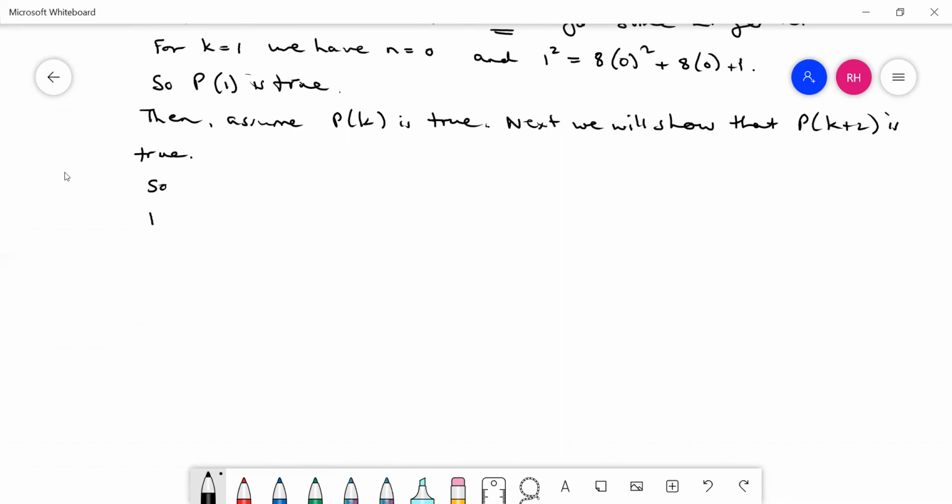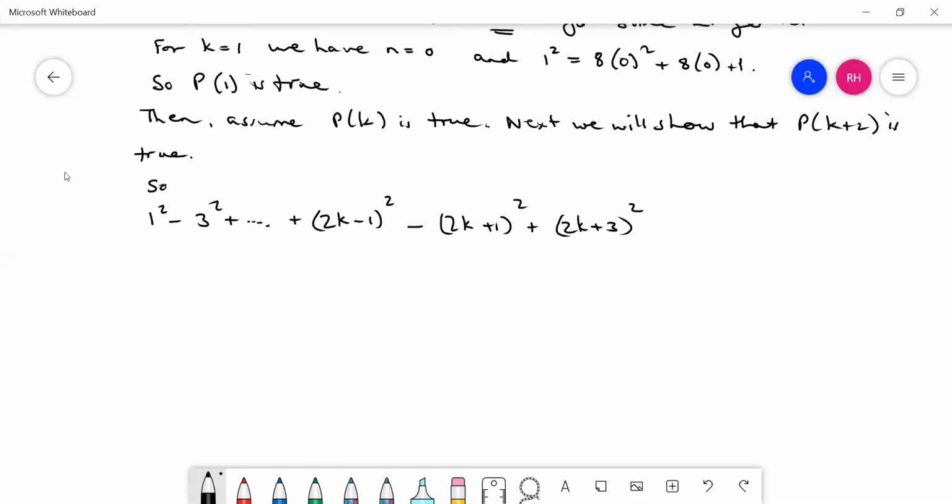So what I'll do is I'll create P(k plus 2). To do that, I go 1 squared minus 3 squared plus all these terms, plus the (2k minus 1) squared. That's the last term. That's the k stuff. That's showing the k. And now I'm going minus (2k plus 1) squared plus (2k plus 3) squared.